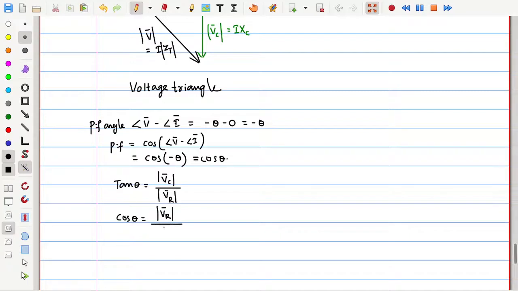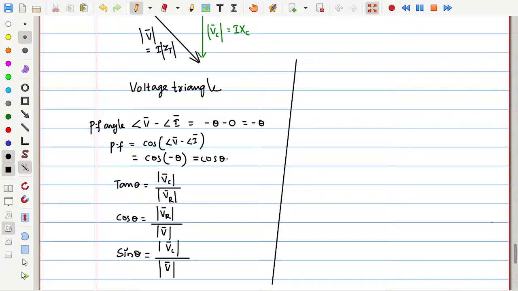VR magnitude divided by V magnitude. If I use sin theta, VC magnitude by V magnitude. So in these three ways we can find theta, if we know the voltage across the resistor and capacitor or the total voltage magnitudes.